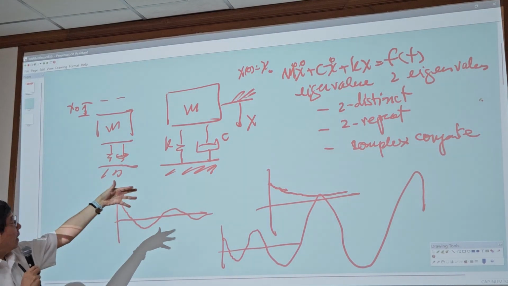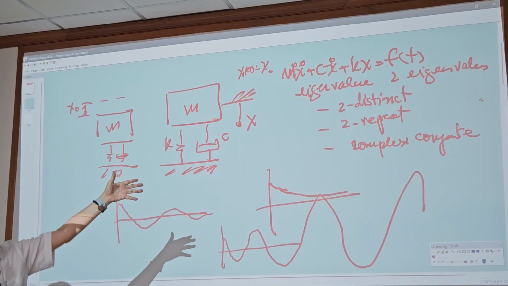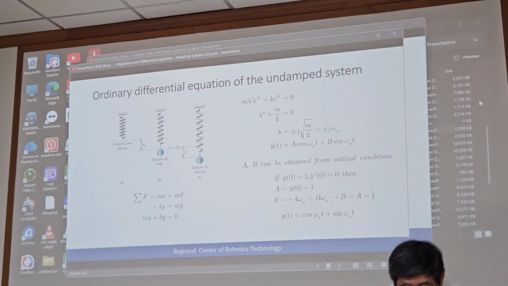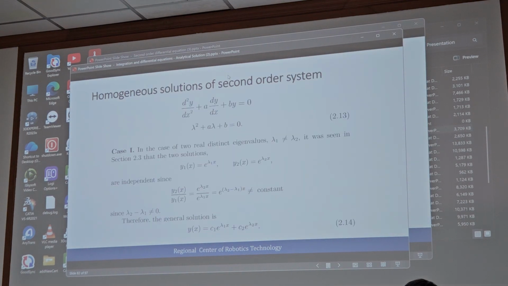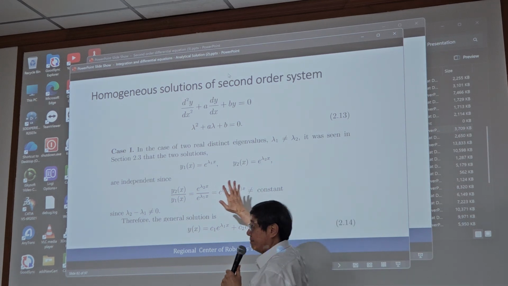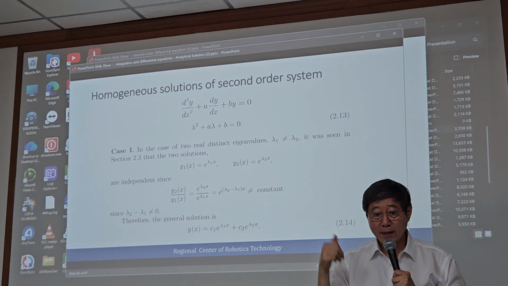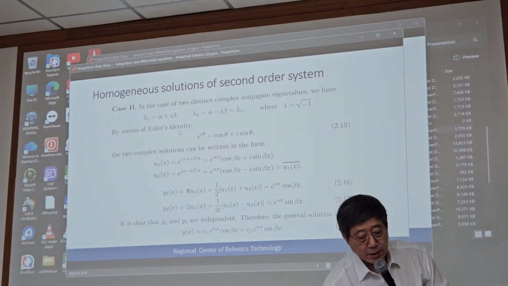So you look at this one, there are 3 types of this one. Similar to this one, there are 3 cases here. Case number 1, root of it. Case number 2. And case number 3.